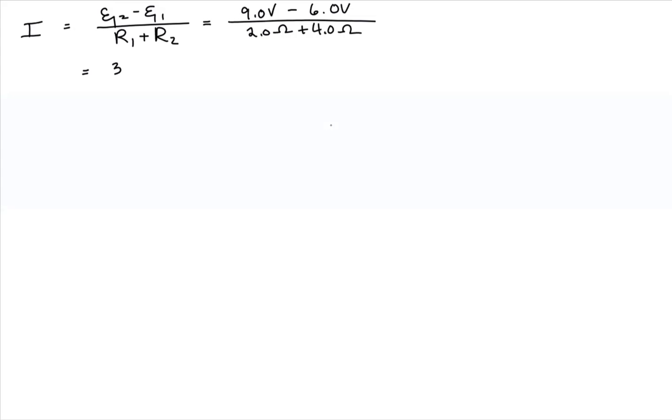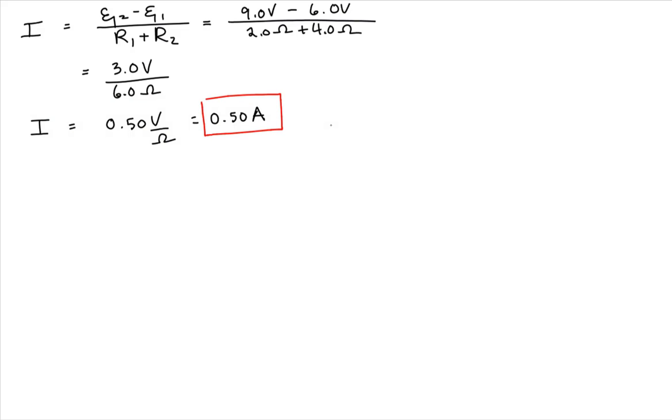This means we have a net of 3 volts in the numerator and 6 ohms in the denominator. This means that the current in our circuit is equal to 0.50 volts per ohm. And remember, a volt per ohm is the same thing as an amp, the unit of current.